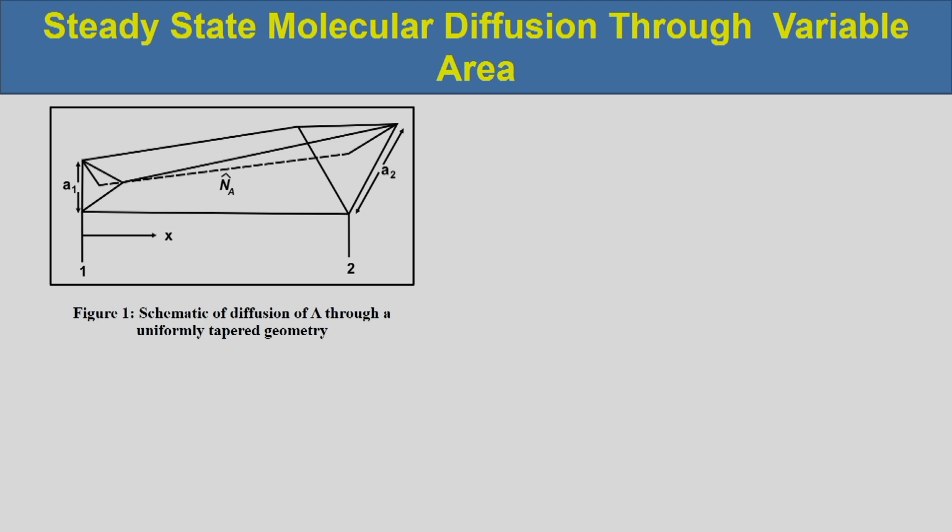As you can see, the area on the right hand side of the figure is a triangle of area A2, which tapers towards the left side, the triangular face of area A1. Obviously, A1 is at point 1 and A2 is at point 2, and A1 is less than A2.